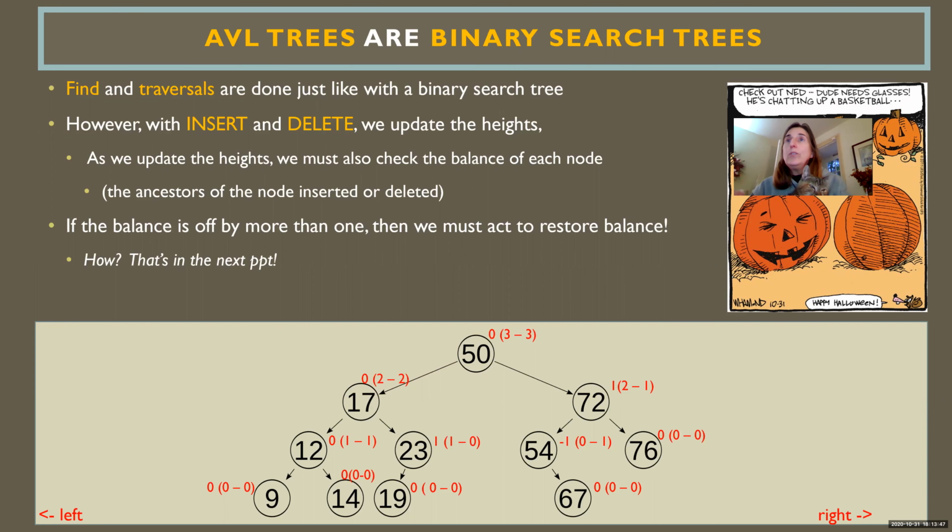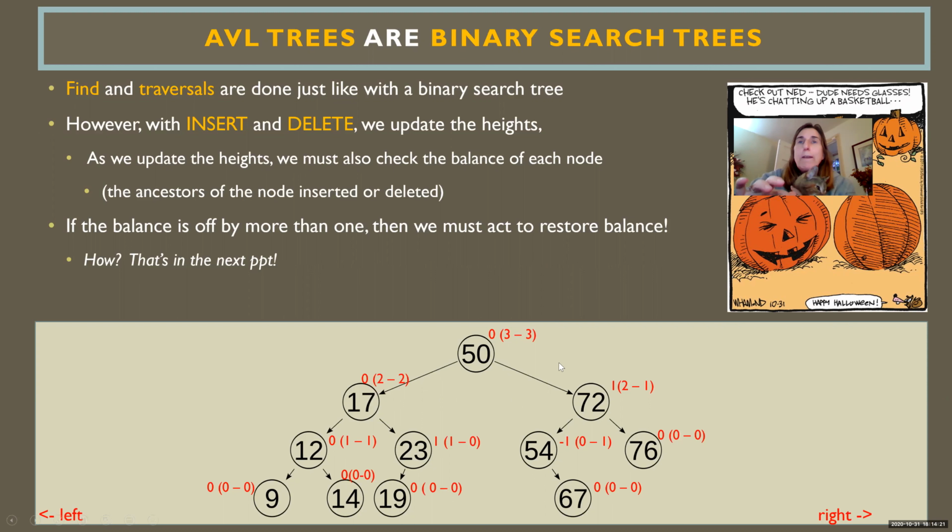And if the height of a node changed, that means the balance of its parent could change. So when we insert and when we delete, that's when we want to look at the balance of each node in the ancestor path up to the root. If we find something is unbalanced, then we must do something to restore the balance. What are we going to do? We'll talk about that later.